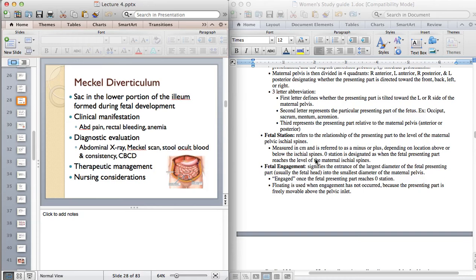So again, we do X-ray and we can do a barium enema. And they can measure the pressure in their rectum to see if there is anything. And they can do the biopsy under interventional radiology.